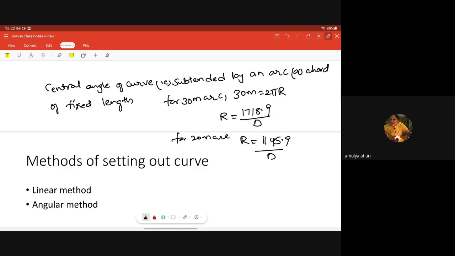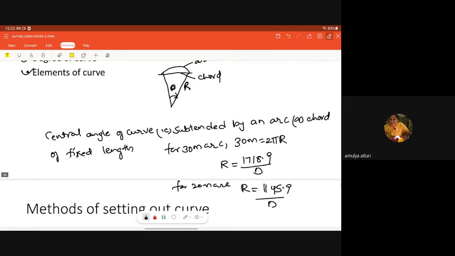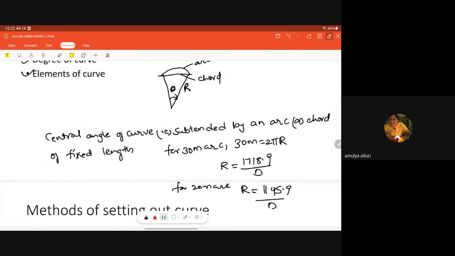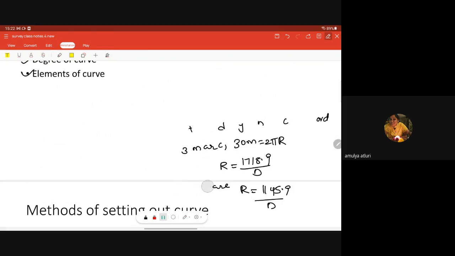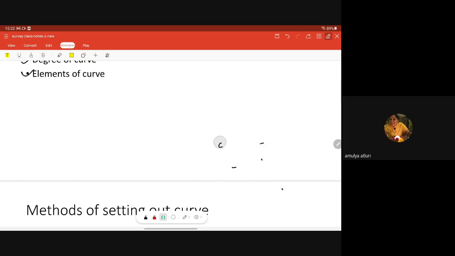Next, elements of a simple curve. What are these elements? One, tangent length.